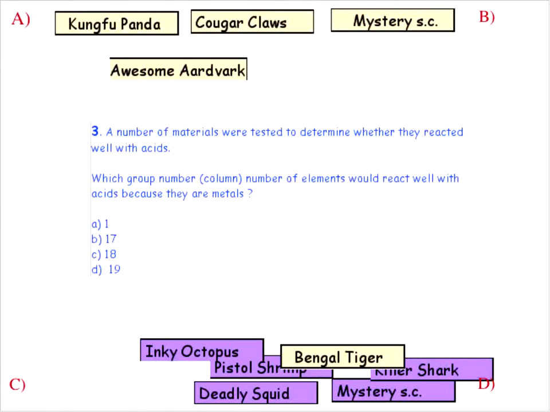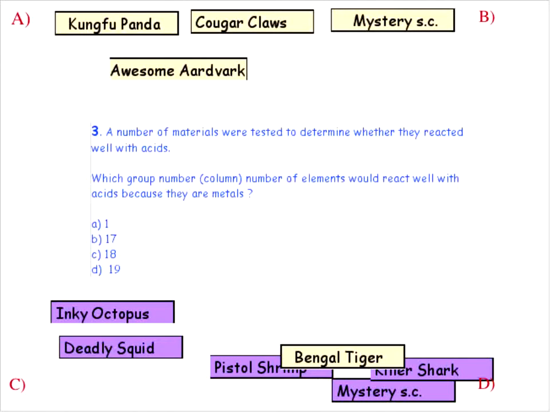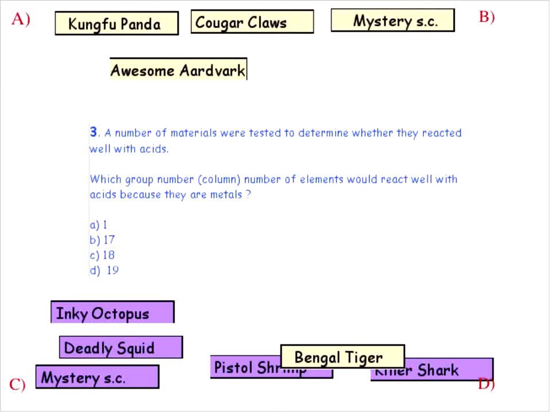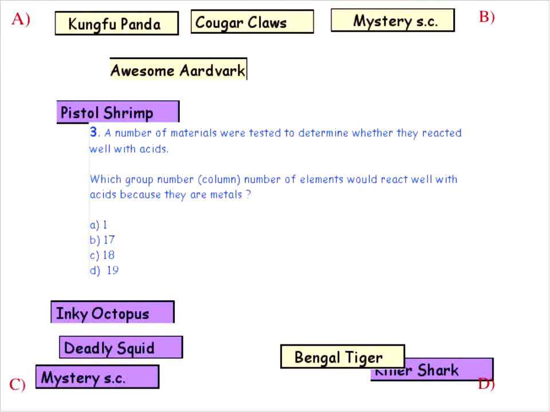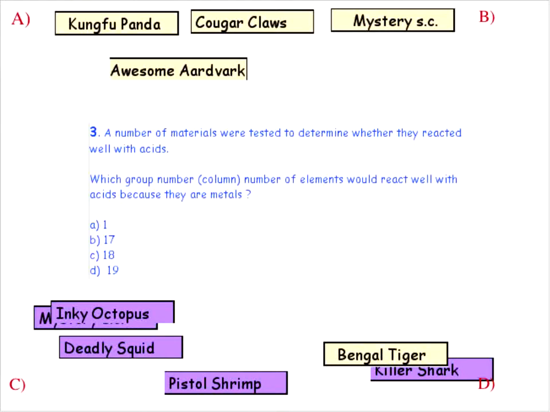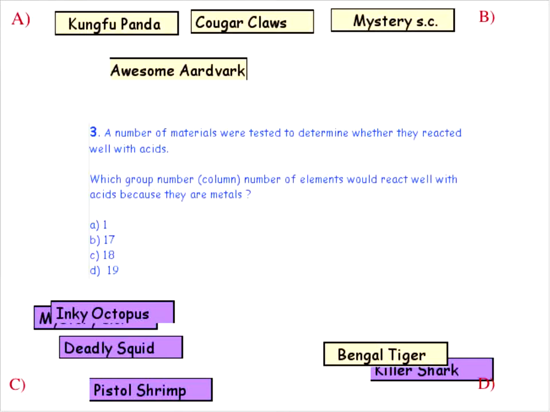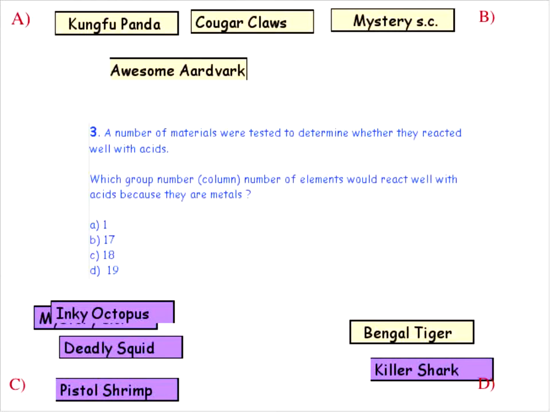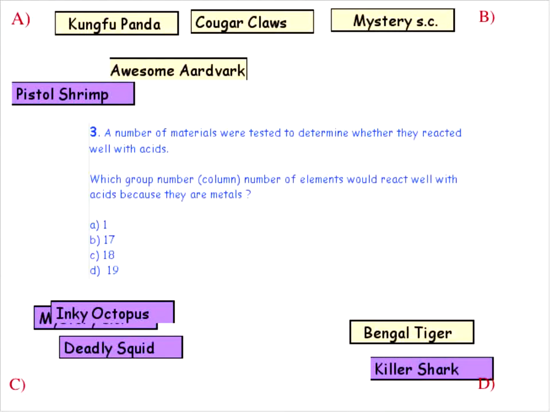Here guys, I'm just going to move these just to make sure I know who's gone and who hasn't. So far these three guys have gone and chosen answer D, am I right? So far it's just Pistol Shrimp on answer C, and these two guys on answer D. Am I right? You guys correct me if I'm wrong on that. Okay, Pistol Shrimp is answer A.